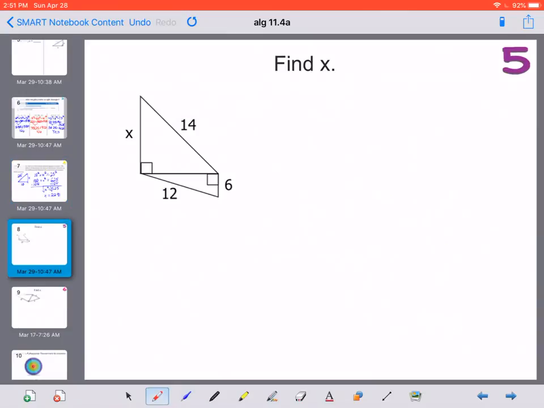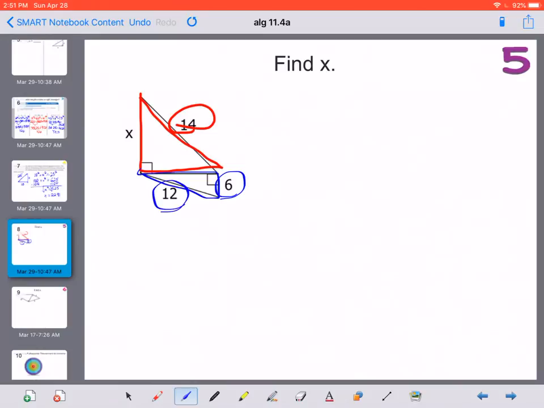Alright, next one says find x. Well, it looks like to me we have two right triangles here. On the big triangle, what I notice is we only know one of the sides. We only know that that's 14. But if I look at this bottom triangle, I see that it shares a side with the big triangle, and we know two of those sides.